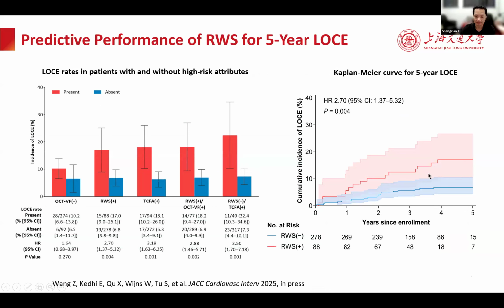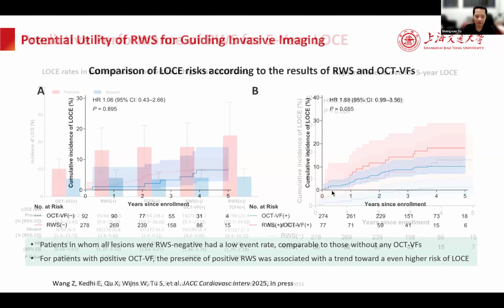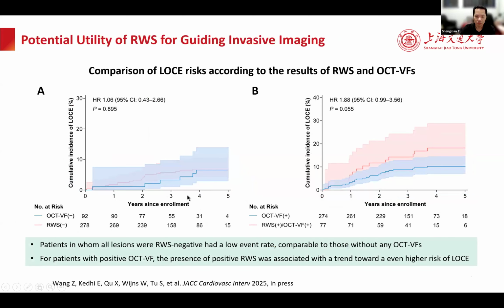If you separate into two groups, in the group without OCT vulnerable features and with lower radial wall strength, they are almost comparable, with very low events. But if you have OCT vulnerable features, adding the radial wall strength further improves the predictive value.